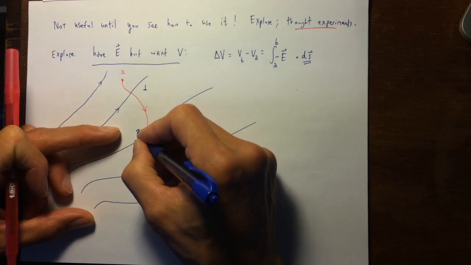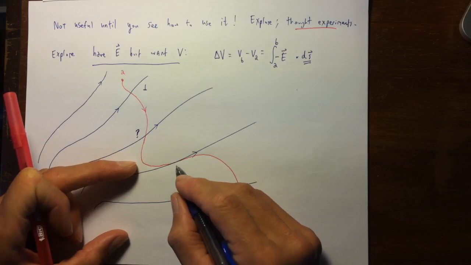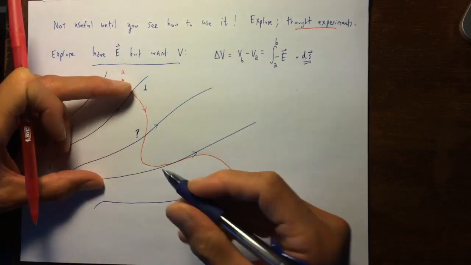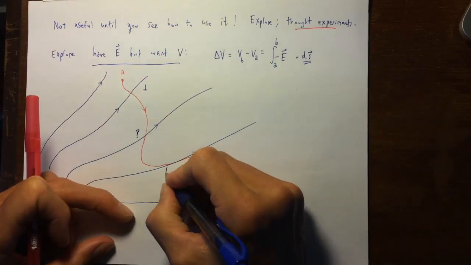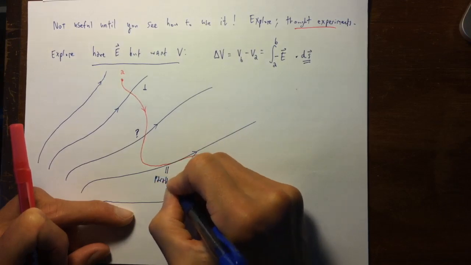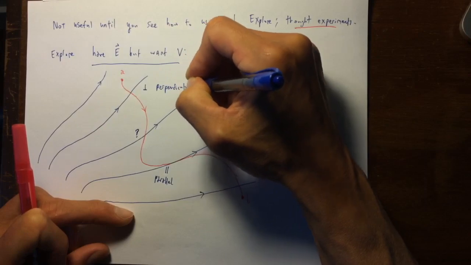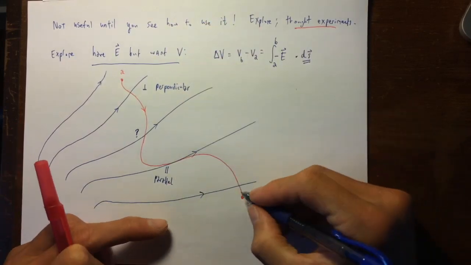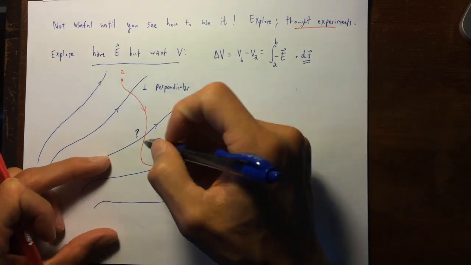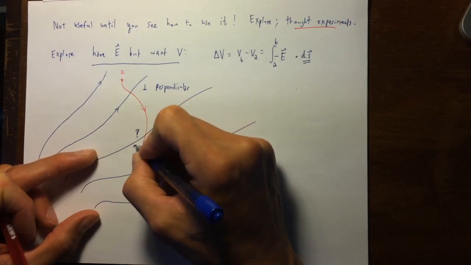But over here, this is when the path direction is actually parallel. This means parallel. This up here means perpendicular. And then here again it's perpendicular. This one is neither perpendicular nor parallel. So actually it's a mix.